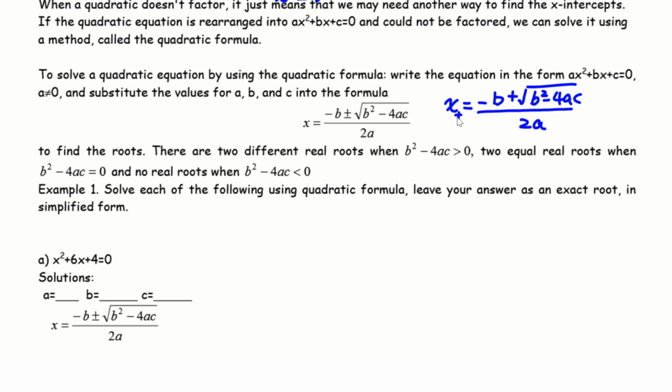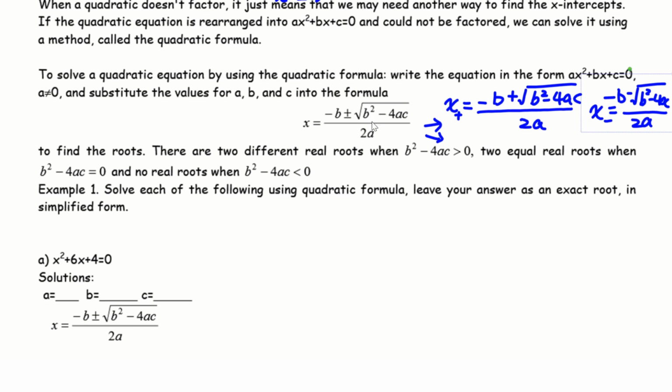Also, you could put a subscript here, x plus is this one, and the x minus, take the negative sign, negative b minus square root b squared minus 4ac all over 2a. So this represents two equations, and you don't want to write it twice.